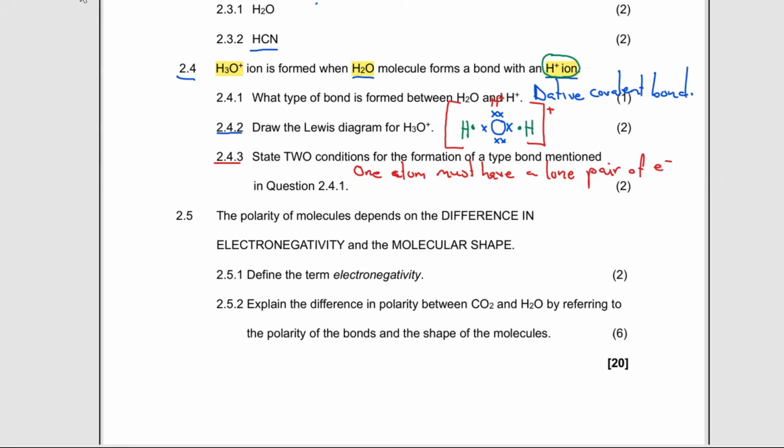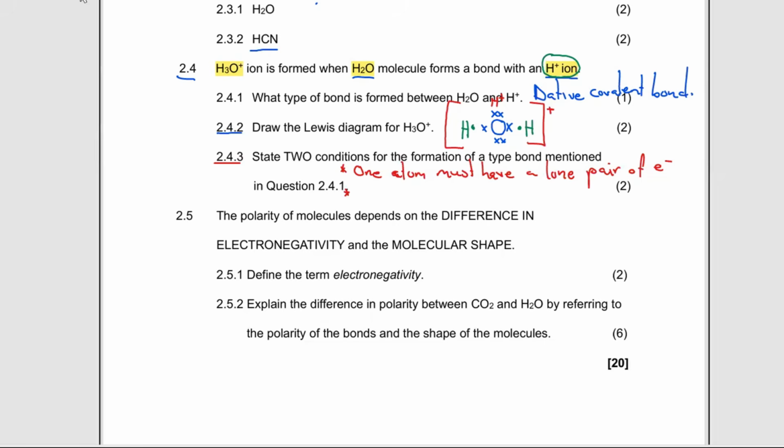I'll write e negative there. That's the first one. As you can see, our oxygen already had how many lone pairs? 2 lone pairs there, right? So it must have a lone pair of electrons.